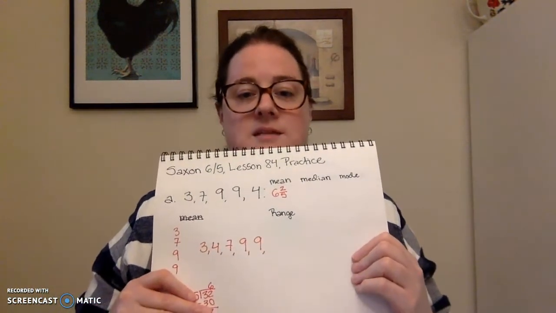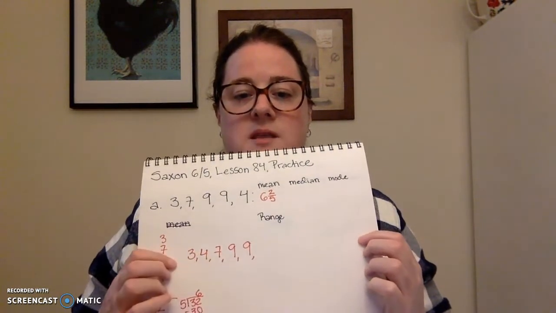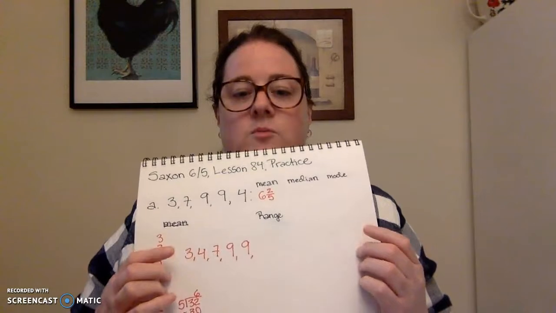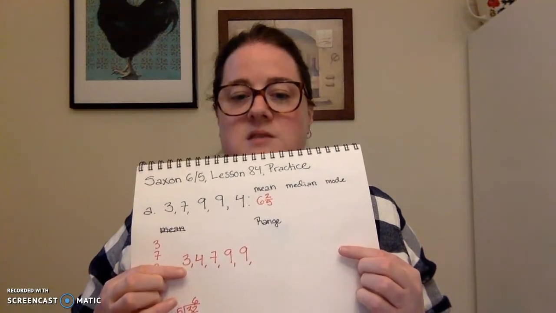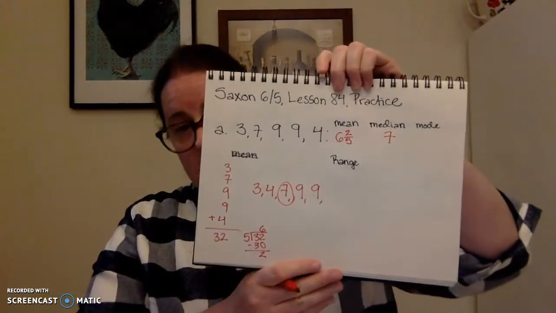If we look at our data set, if we move from the outside in, so our numbers on the outside are 3 and 9, and then we move into the next numbers and it's 4 and 9. The number in the middle here is 7. Our median is 7 because it's the number in the middle of the set when you put it in numerical order.